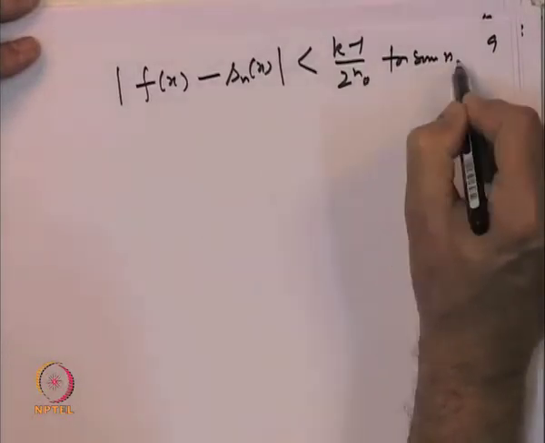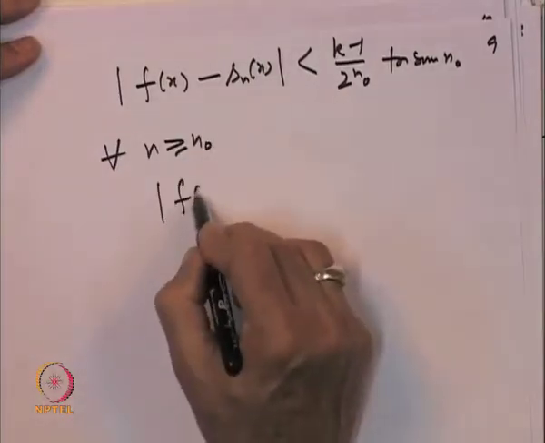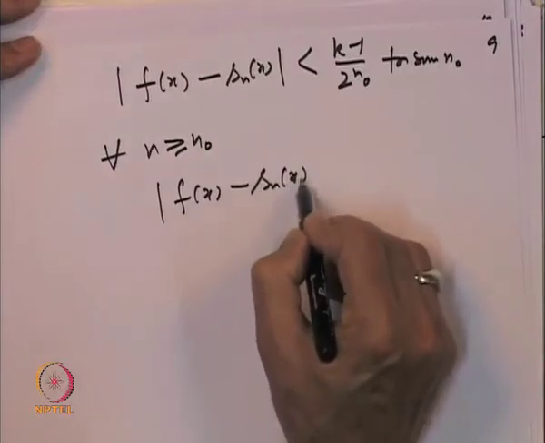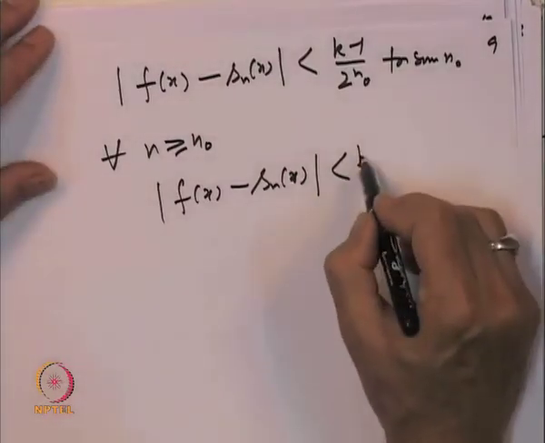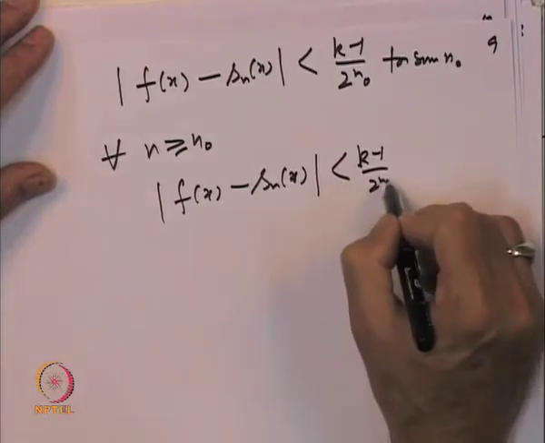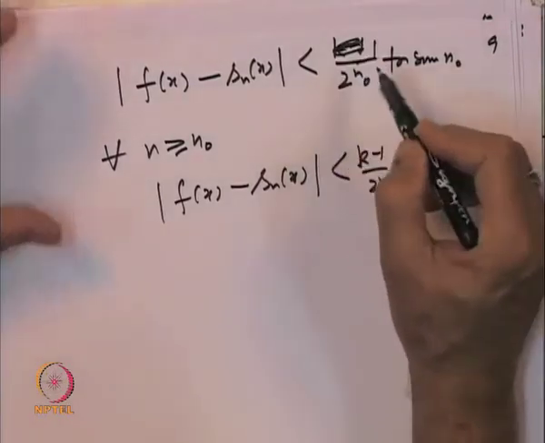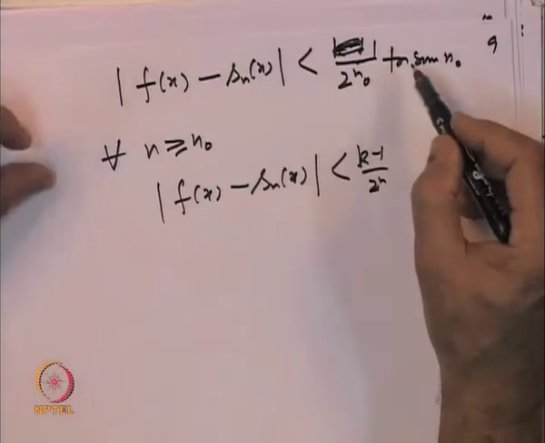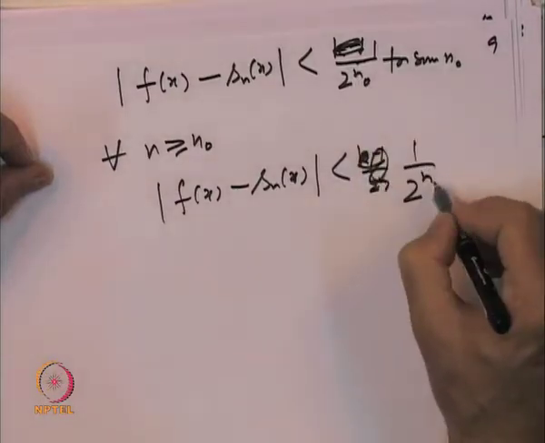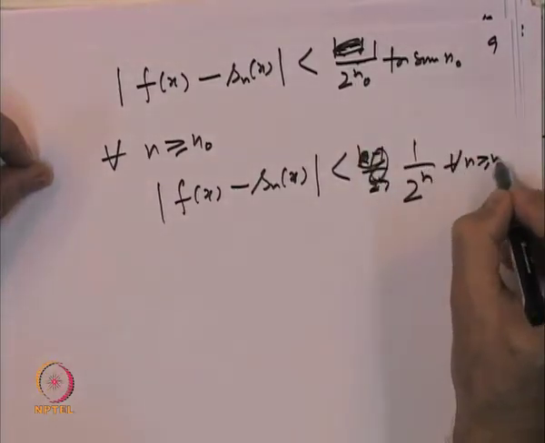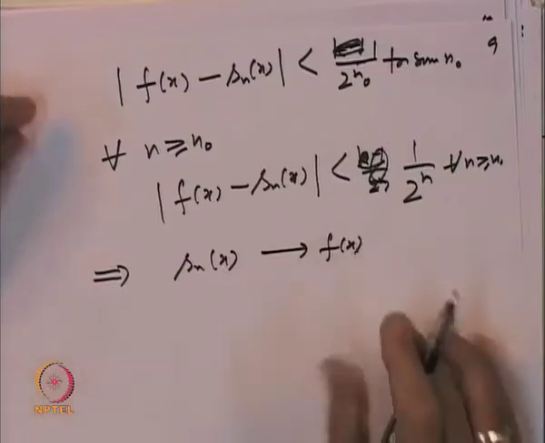Let us say for some n naught, then for every n bigger than or equal to n naught, both lie in the same interval of length 2 to the power minus n, so the difference will be less than 1 over 2^n for every n bigger than n naught, and that implies that S_n(x) converges to f(x).